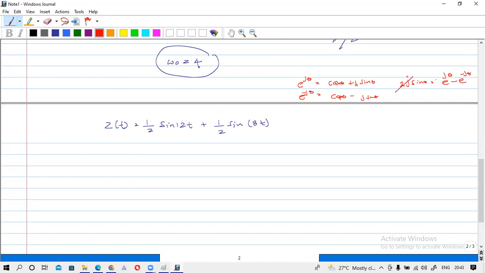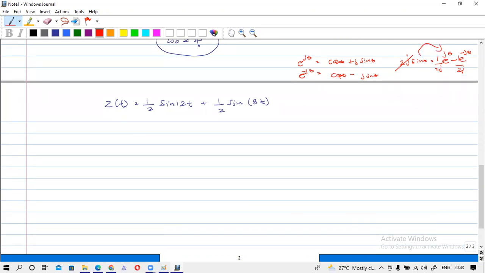To find sin θ, I have to divide by 2j. So you can express sin θ in terms of complex exponential terms, and I can use that result here easily.